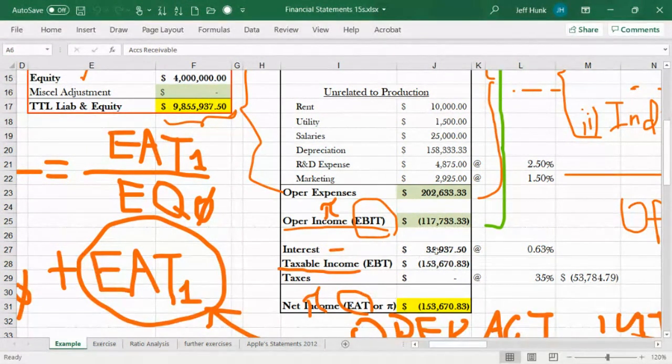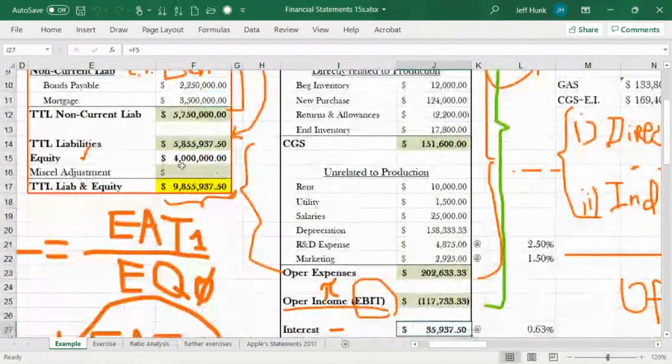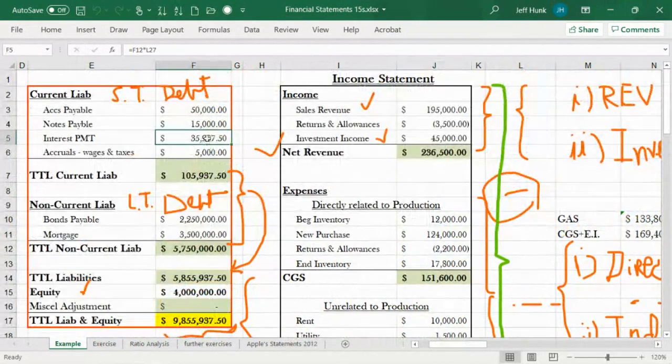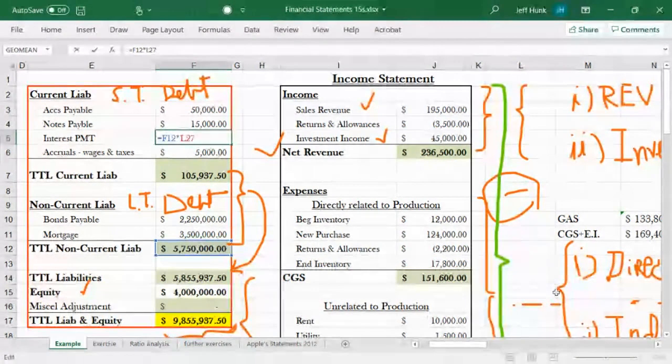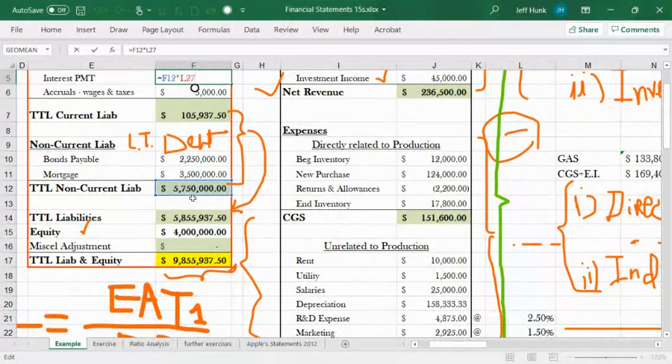So you pay out interest. Look at how interest is calculated. It says F5. What is F5? If you go to F5, there is interest. And how was this interest calculated? It is F12 times L27. F12 is what?